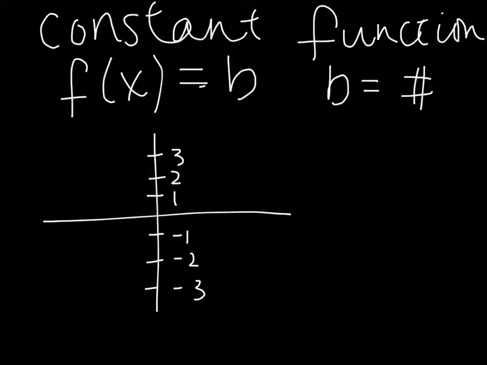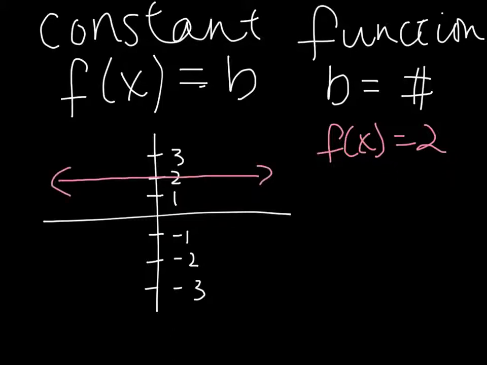If b equaled 2, so the equation would be f of x equals 2, it would look a little something like this. If it were -1, -2, and so on.